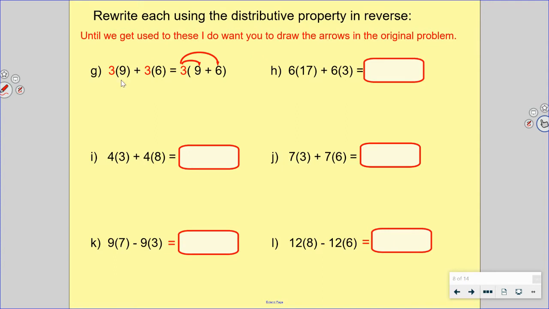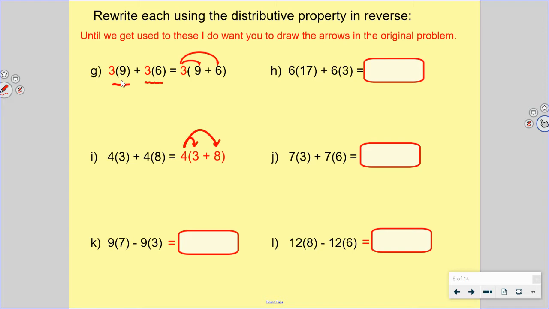Now let's go ahead and do it in reverse. This is when you would want to bring them together, right? So here on example G, we have 3 groups of 9 and 3 groups of 6. But wouldn't it be nice to put them together and say that's 3 groups of 9 and 6? In like manner, with example I, we'd have 4 groups of 3 as well as 8, because both of those are 4 groups. 4 groups of 3, 4 groups of 8.